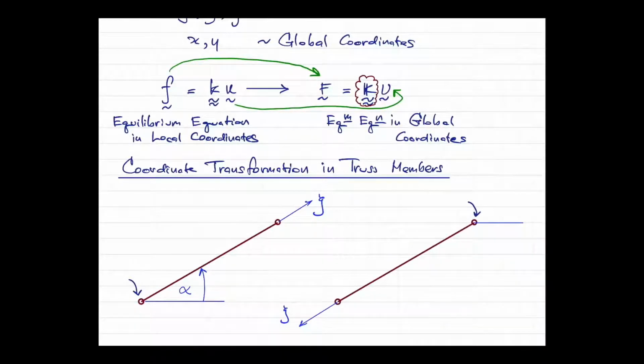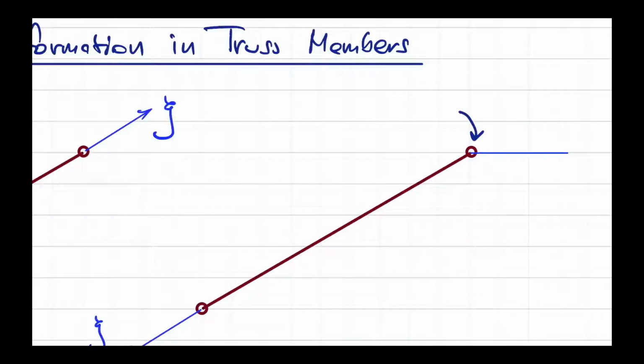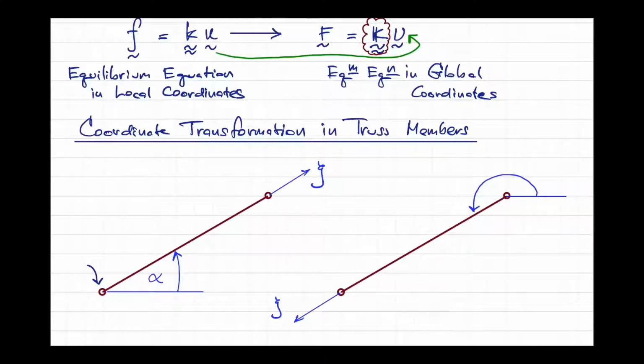Whereas for this case, we have exactly the same geometry of the structures of this member, but we set up the starting node on the right hand side, and then it is finishing up at the left side.